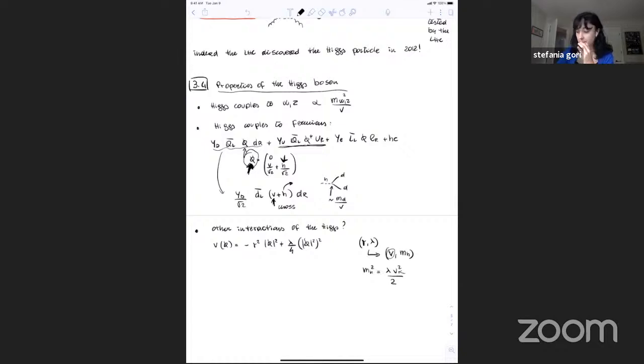Once we change these variables, we can rewrite the scalar potential for the Higgs particle, and what we find are these three terms.